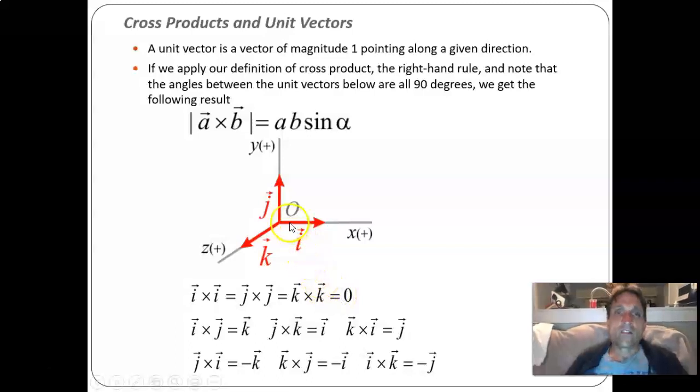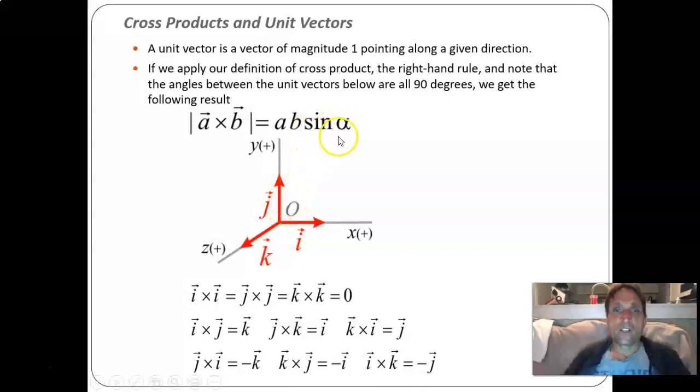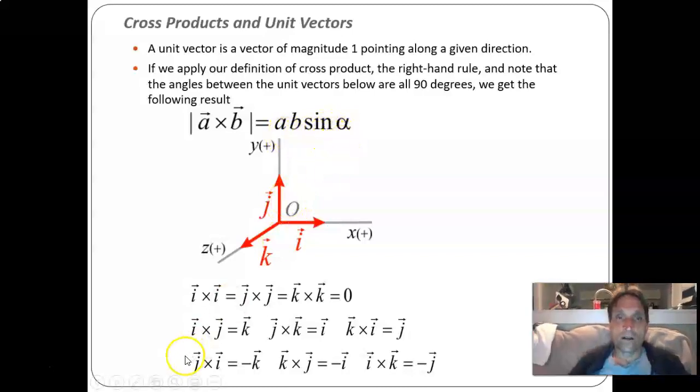Okay. Now let's do the cross product of the unit vector I hat with j hat. So the vector magnitude 1 along x crossed with the magnitude 1 along y. Well, the magnitude is 1 times 1 times sine of 90, which is 1. So the magnitude of the cross product is 1.